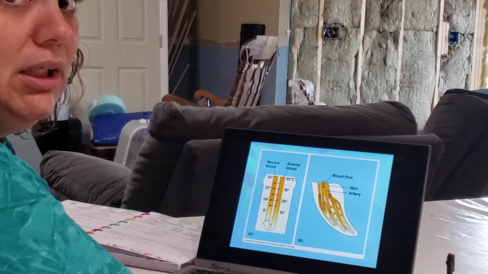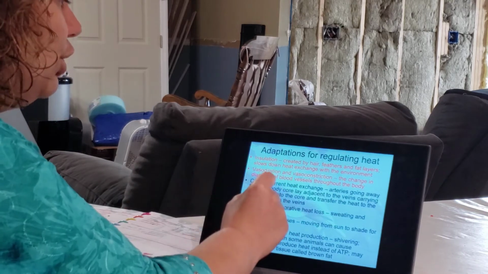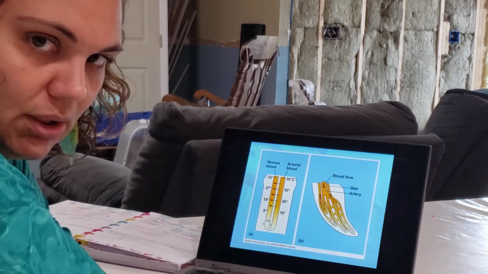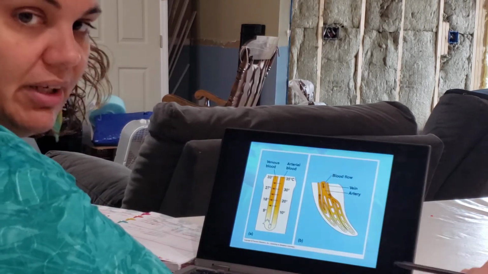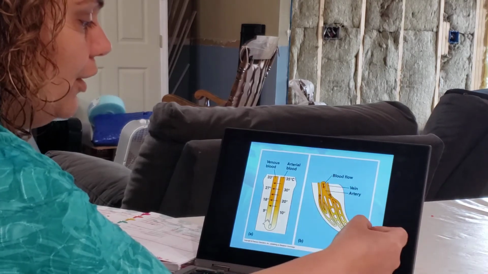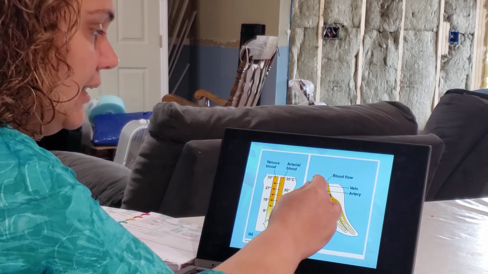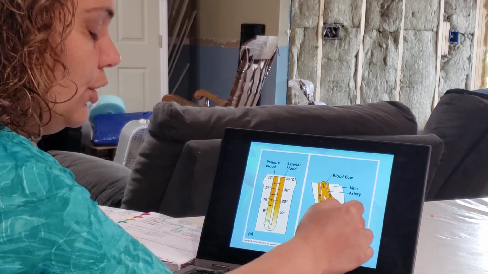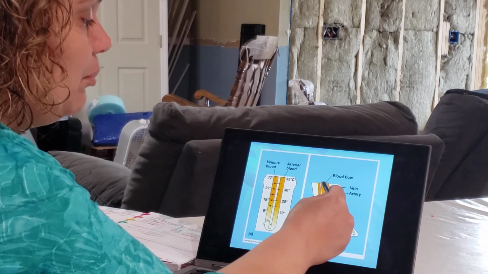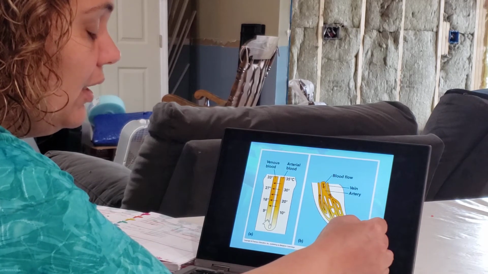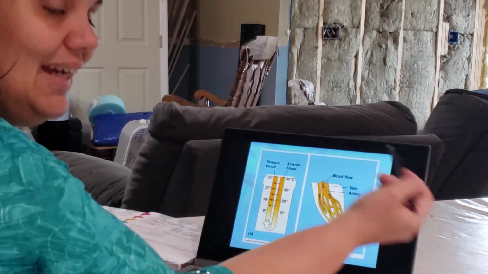Now, this is what's really cool. Right here, countercurrent heat exchange. You see that? Countercurrent heat exchange. This stuff is so cool. Your extremities. So look, this is the fin of a dolphin. The blood that is going towards the fin is warm, yes? But as we get closer to the fin, right, it's going to get colder. So instead of allowing that blood to get all the way down here nice and warm and then freezing and then having to rewarm that whole blood all the way down, what happens is countercurrent heat exchange.